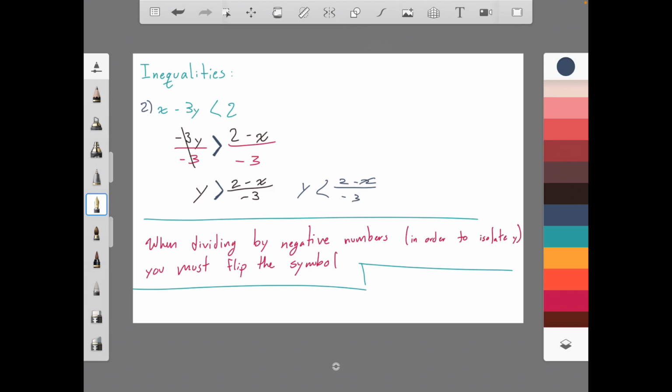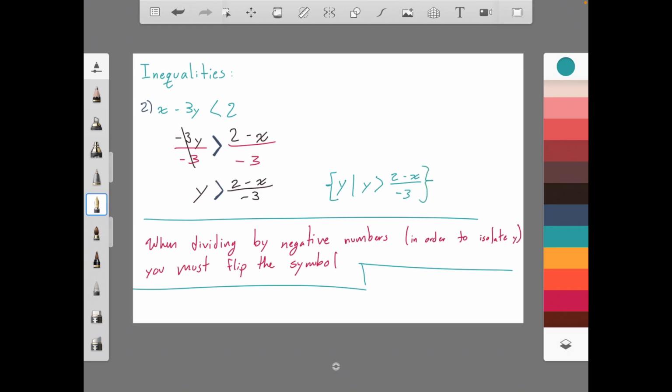So that is a very important thing to keep in mind when solving this type of problems. Of course, now we have to say that for all sets of y, y is greater than 2 minus x over negative 3.